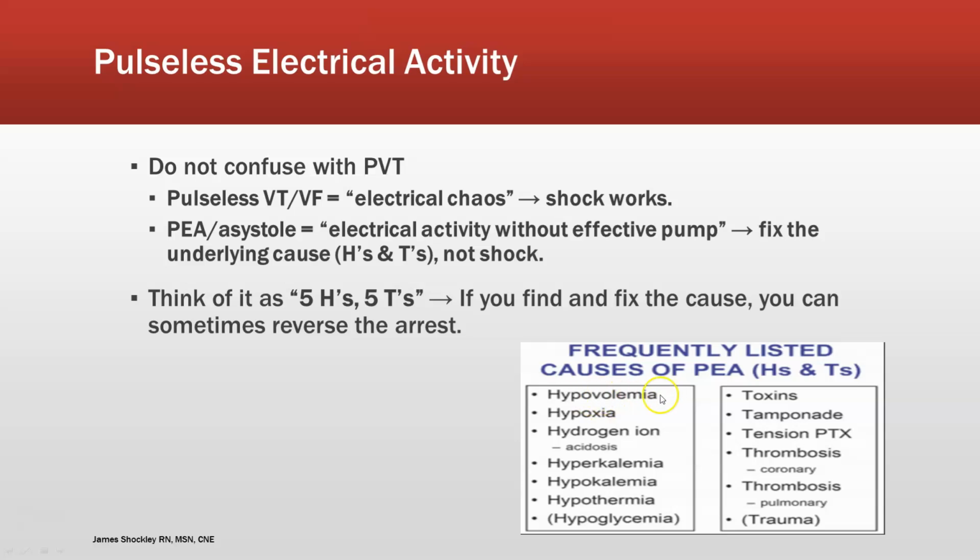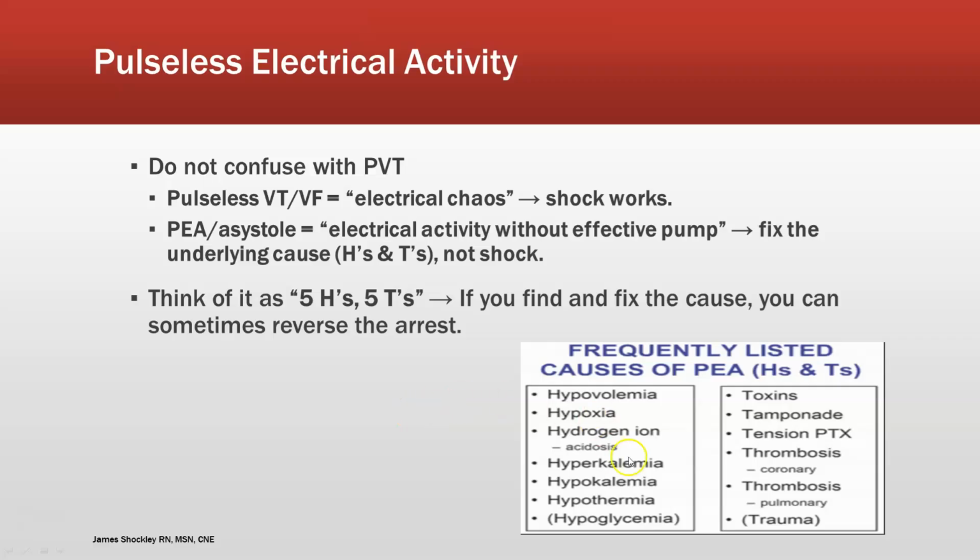It's hypovolemia, hypoxia, acidosis, potassium, temperature, blood sugar. And then you have your T's, which is your toxins, cardiac tamponade. I told you we would talk about that again, and our inflammatory disease, tension pneumo, and then you have your thromboses or your traumas.